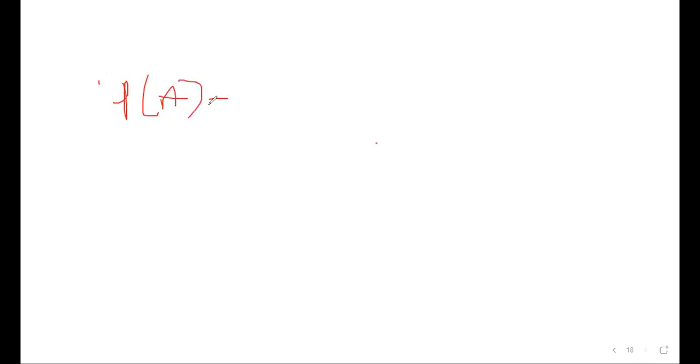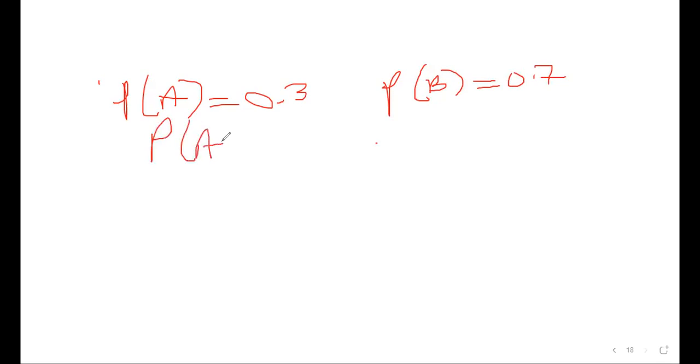Probability of A is 0.3. Probability of B is 0.7. And probability of A given B is 0.4.